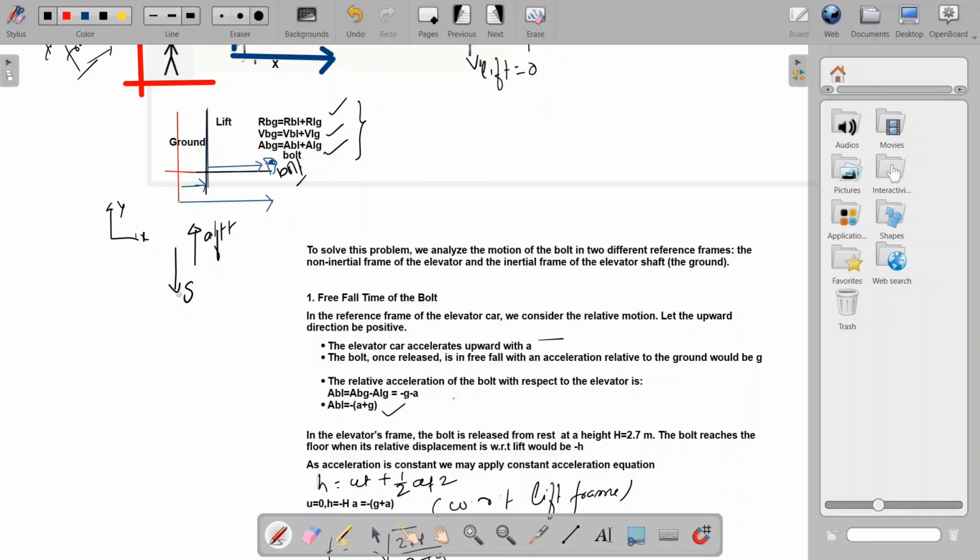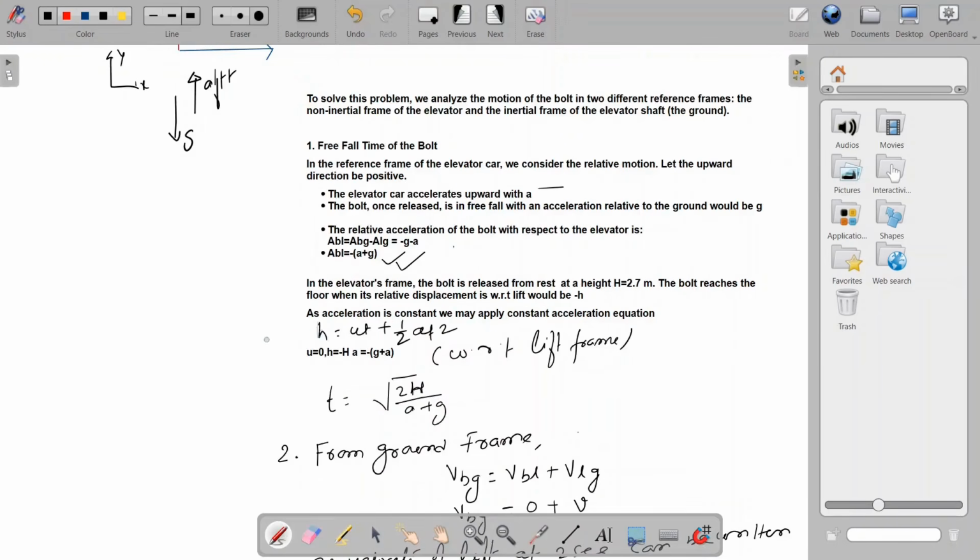Remember, the signs of the accelerations are extremely important. The bolt accelerates downward due to gravity, while the elevator accelerates upward with an acceleration of 1.2 meters per second squared. Therefore, relative to the elevator, the bolt accelerates downward with an acceleration equal to g plus a.